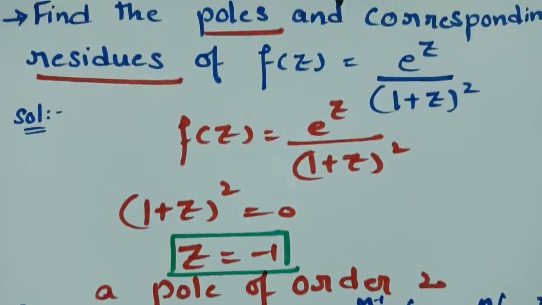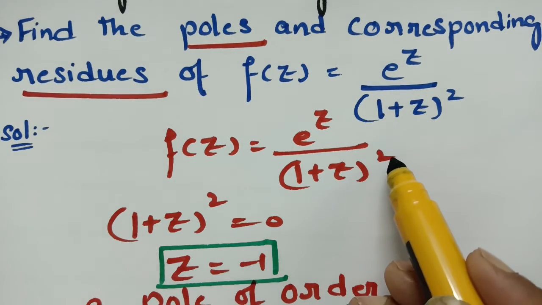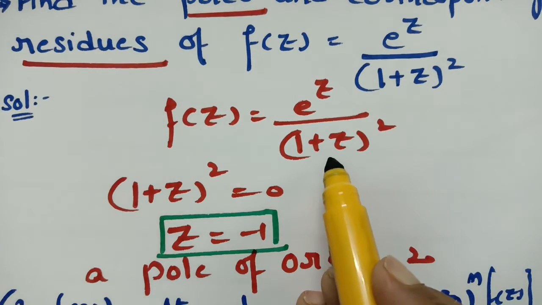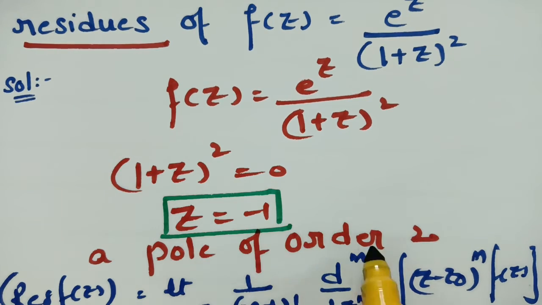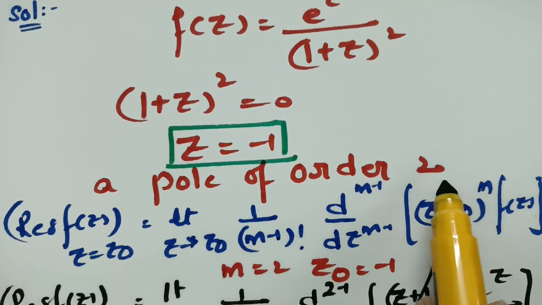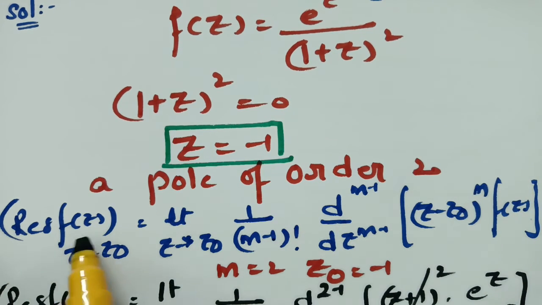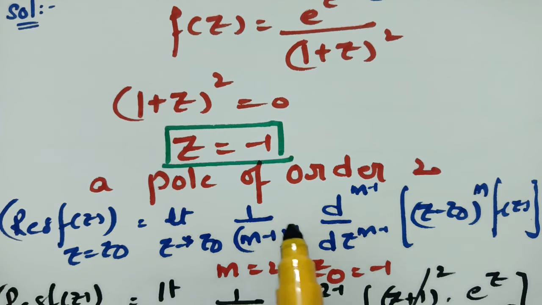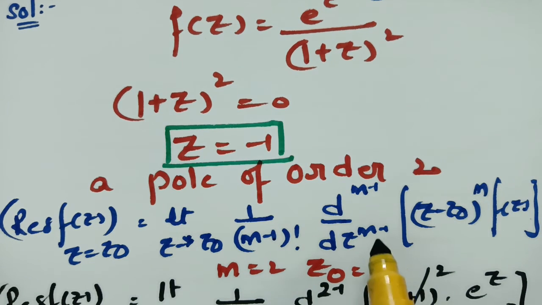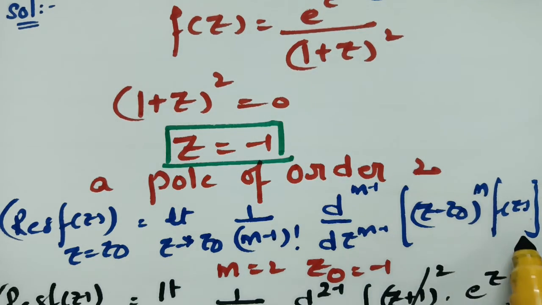So if you observe, the question given here is f of z is equal to e power z by 1 plus z square. In order to find the pole values, we have to equate the denominator to 0. So we got the z value as minus 1, which is of order 2. So it is a pole of order 2, and therefore in order to find the residue, this is the formula: residue of f of z at z is equal to z naught is nothing but limit z tends to z naught 1 by m minus 1 factorial into d by dz power m minus 1 into z minus z naught power m into f of z.